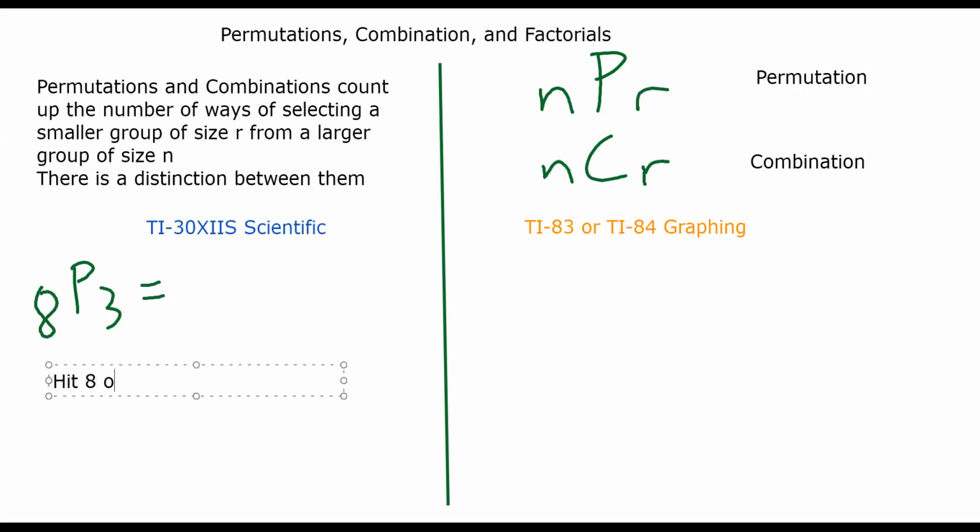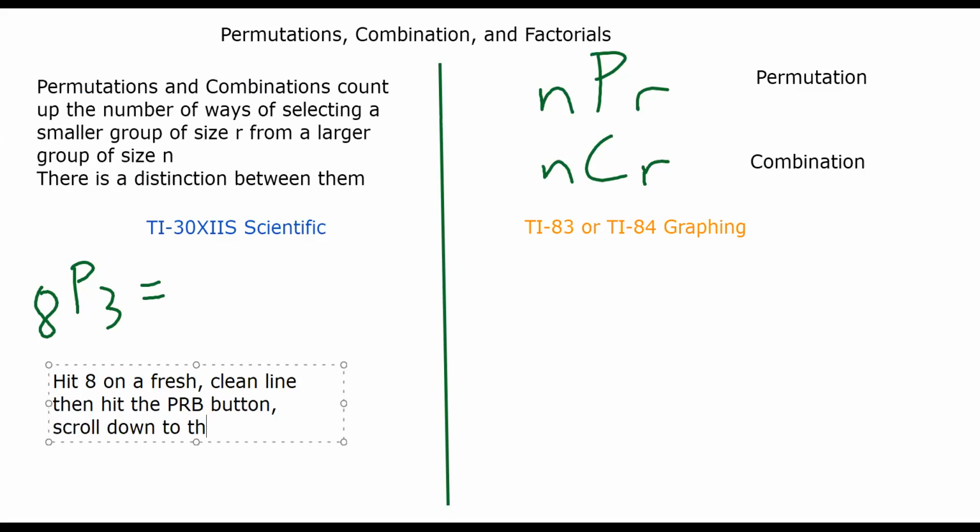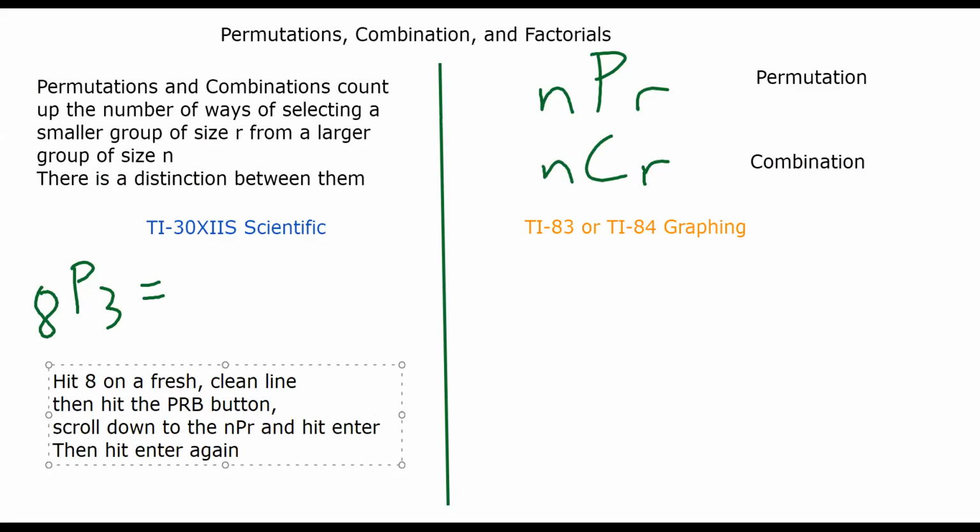You're going to hit 8 on a fresh, clean line, then hit the PRB button, scroll down to the nPr, and hit enter. Then type in a 3 and hit enter again. And this will do that calculation for you, 8P3.